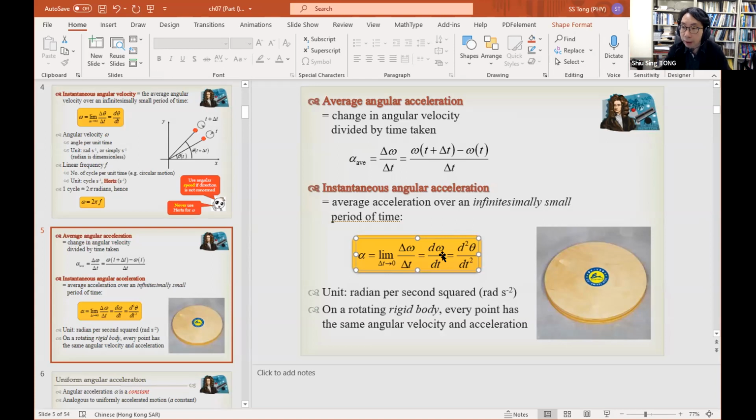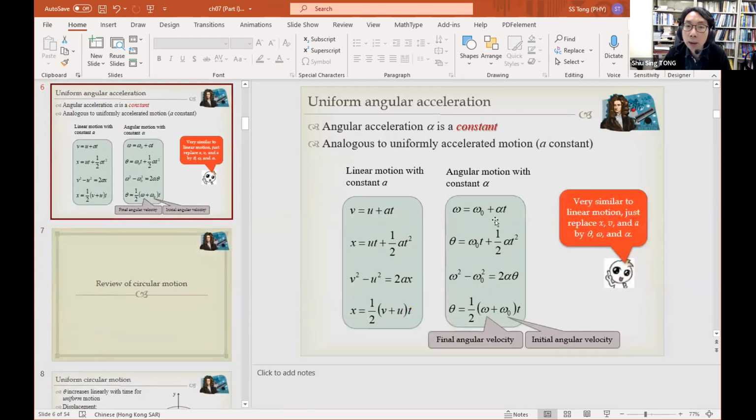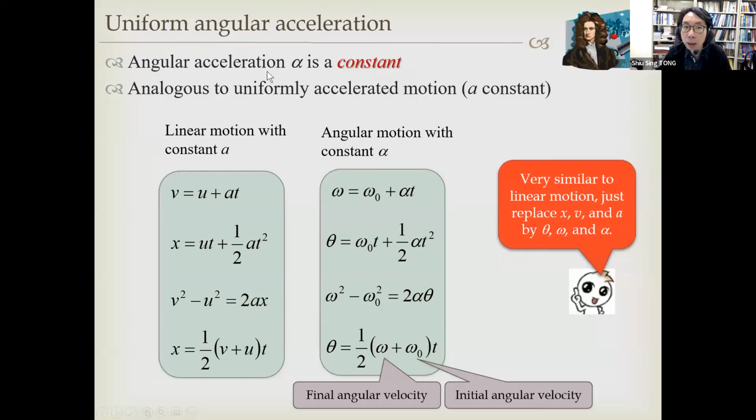So each of the angular quantities actually has its linear motion counterpart. And the mathematical relations between these quantities are exactly the same as in one-dimensional motion. That's why, if you are dealing with, for example, a constant angular acceleration motion, where alpha is a constant, you don't need to solve the equation again, because you already have solved it for linear motion.